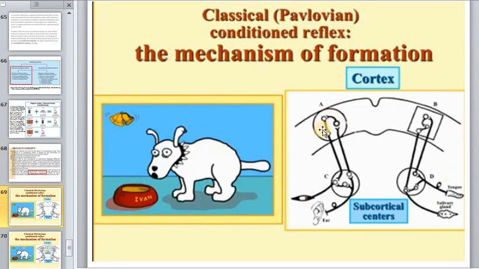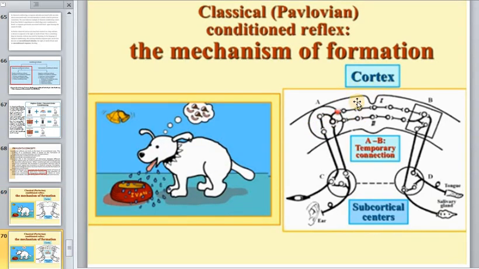And here we see the two cortical centers, just the description. And here we see the center of the unconditioned and conditioned reflex, hearing the bell, and then these two centers in the brain cortex start to work like one. And here we see the temporal connection in it.